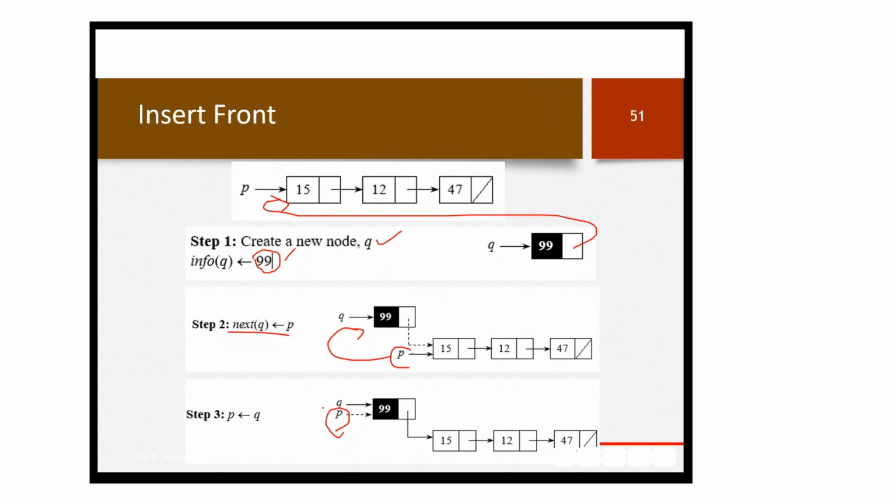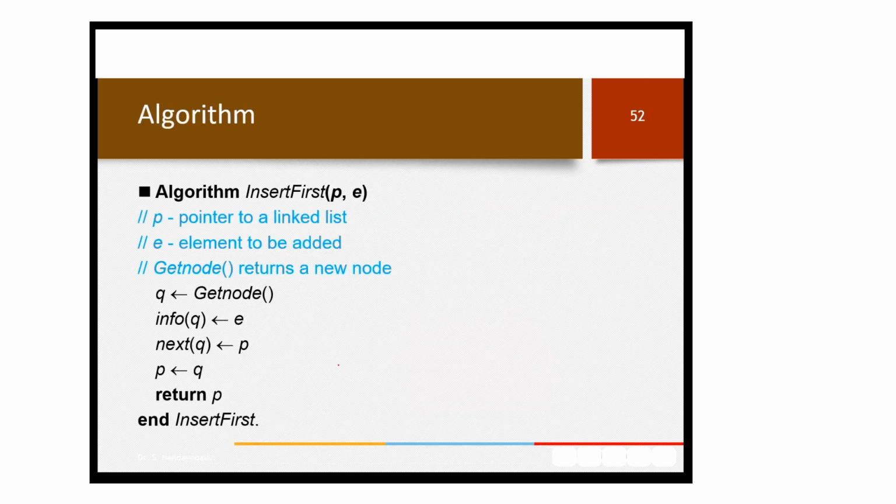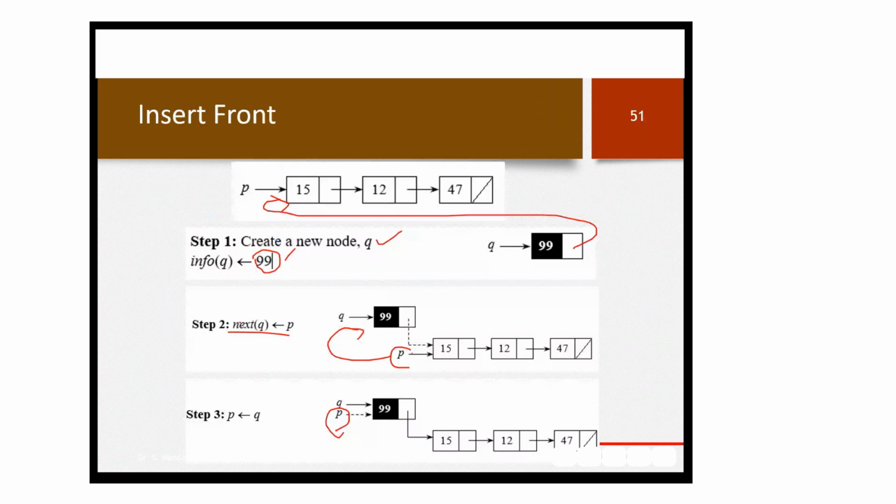So while working with linked lists, you have to be very careful about the addresses you are using, especially when linking. The algorithm is the same: get a node as a new node, put the new element, etc. The same statements are put here, as I've shown. This can be written provided you have the figure.